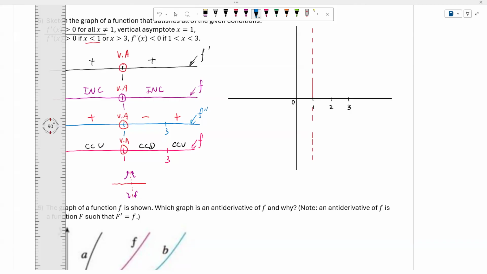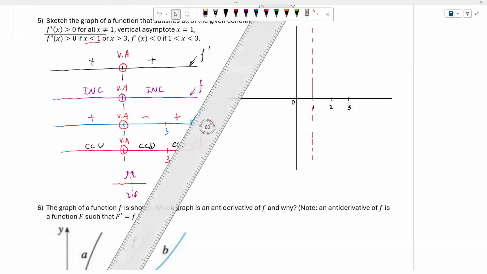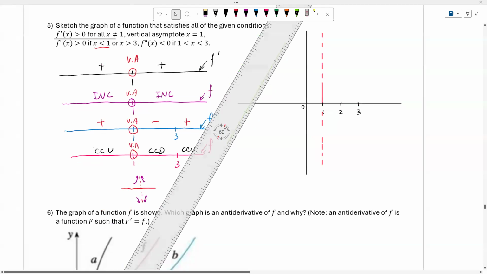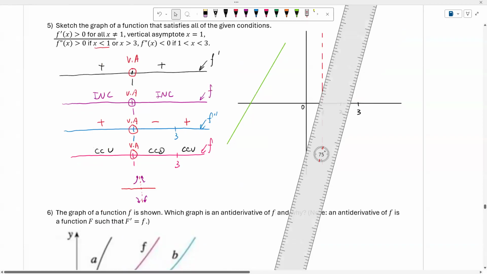Let us work with f prime. To the left of x equal to 1, f prime is positive, meaning the function is increasing. So the function is increasing here, and also increasing here.